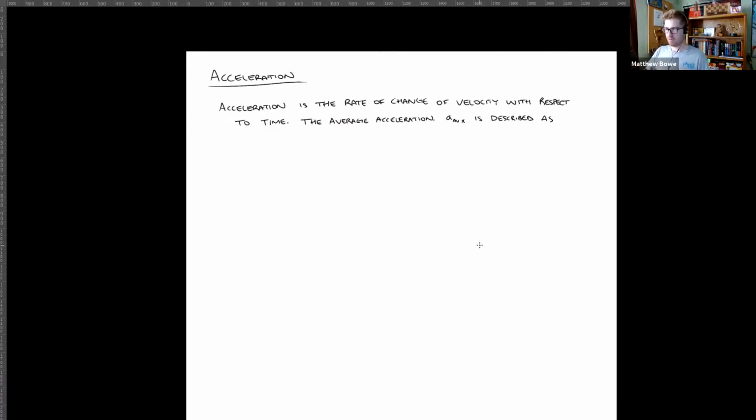So there is a brief moment where you are changing your velocity. Then as soon as you're at the speed limit, you're at a constant speed or a constant velocity. So this changing of velocity is acceleration.